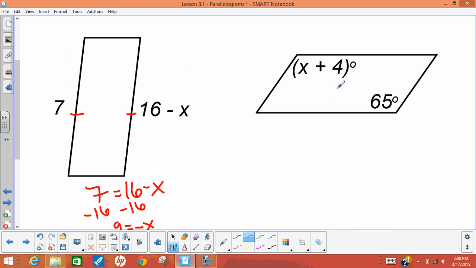Over here I have some angles labeled. They are opposite from each other. Go back and look at your properties for angles. The opposite angles are congruent, so I can simply set up another equation, x plus 4 equals 65. This should be a nice, pretty easy equation to solve. Subtract 4 from both sides, and x is 61.